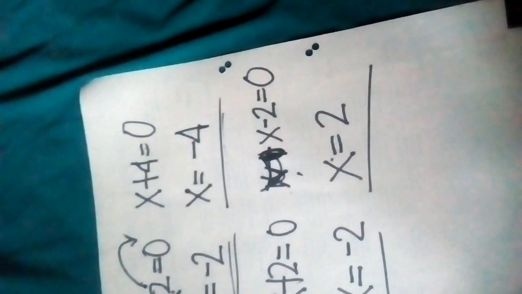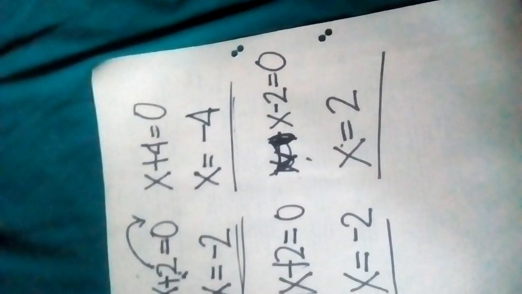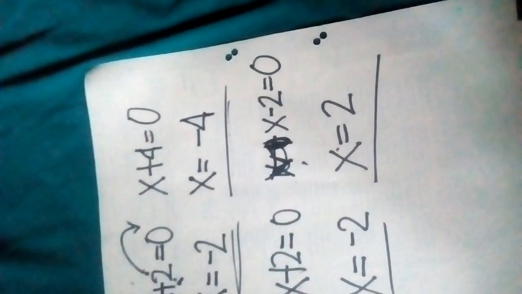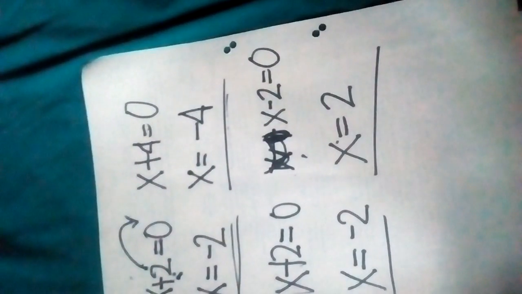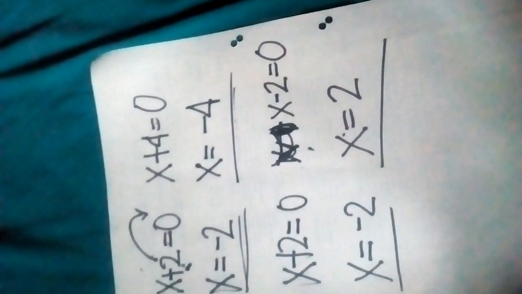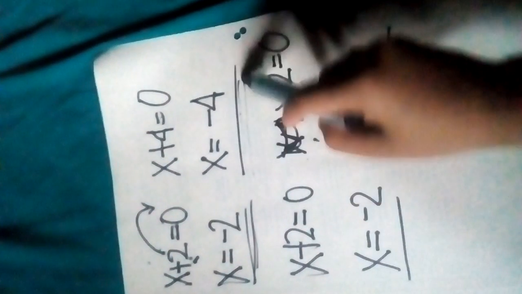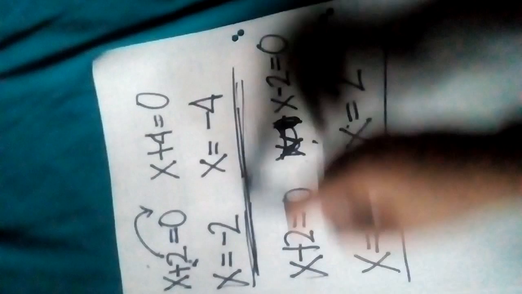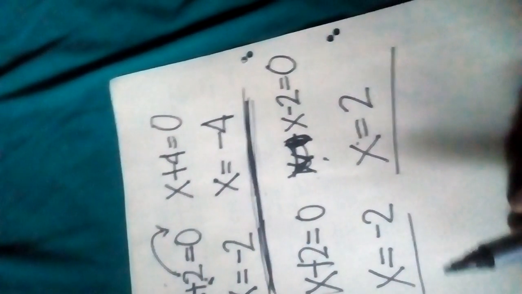Now, we're going to proceed to the third step, which is identify the independent variable that makes the numerator equal to 0.